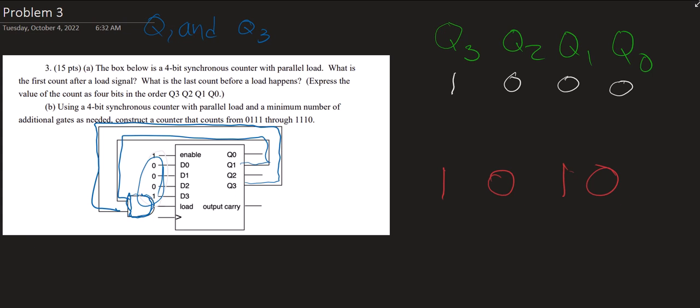So there are other times when Q3 and Q1 would be both 1, but as far as counting goes, it would happen after you got there.